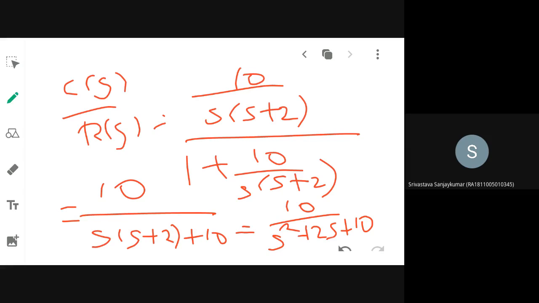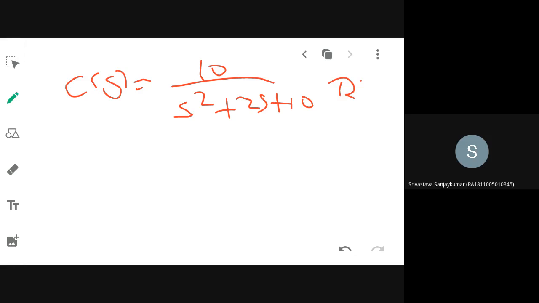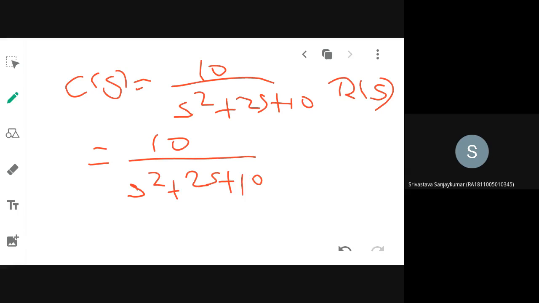Okay. Now you substitute, what value will you substitute for R of s? In 10 divided by s squared plus 2s plus 10, R of s should be substituted as what value? Given in the problem, what input is specified? Unit step, 1 by s.